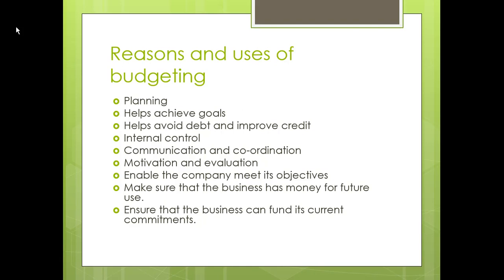It is also used to evaluate the management, because as the directors are interested in more profits, this means that the management will be regarded highly because of their results. It also enables the company to meet its objectives. Budgeting ensures that businesses can fund their current commitments.